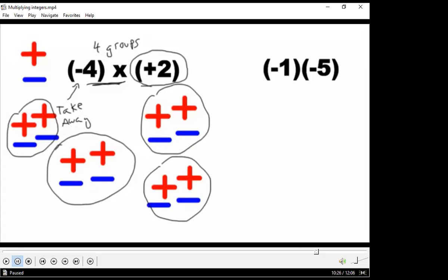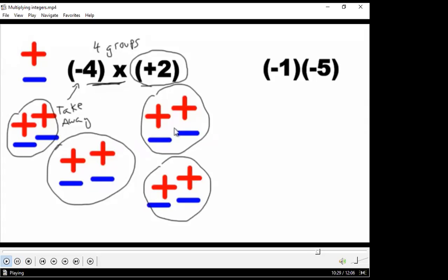The first sign was negative, and this means please use 0 pair. Then take away 2 from the 4 groups. Take away, remove, cancel 2 from each group. Then I will start to cancel now.